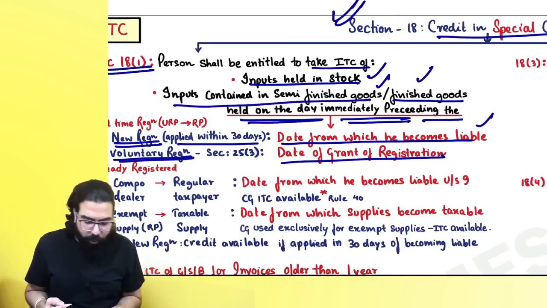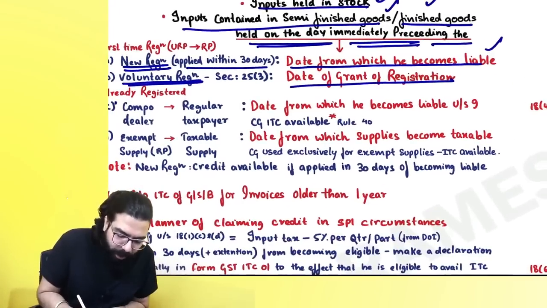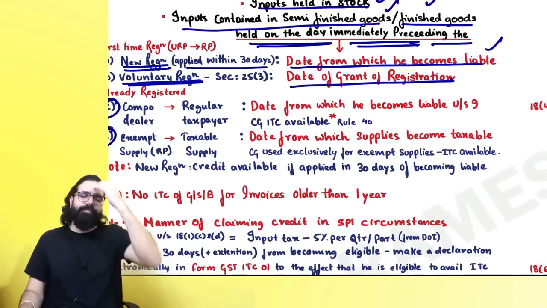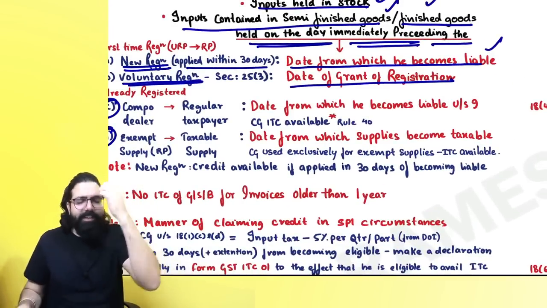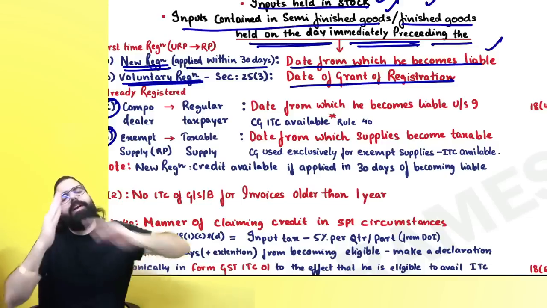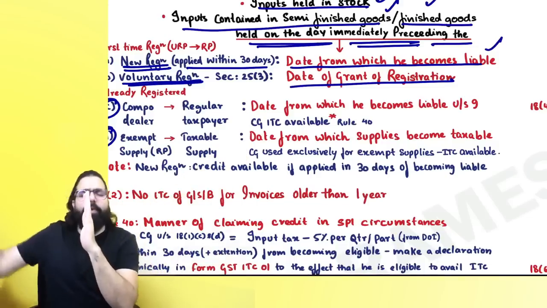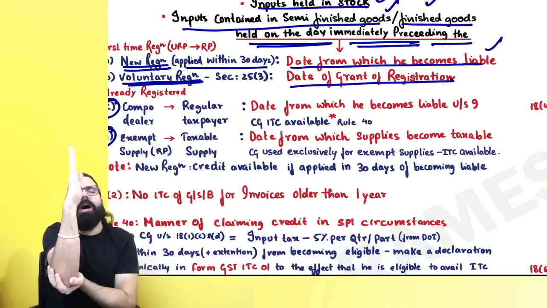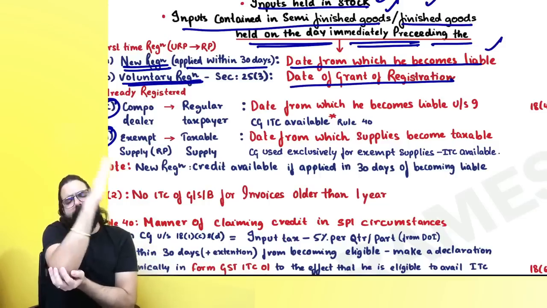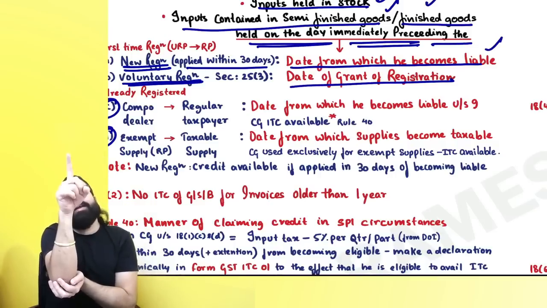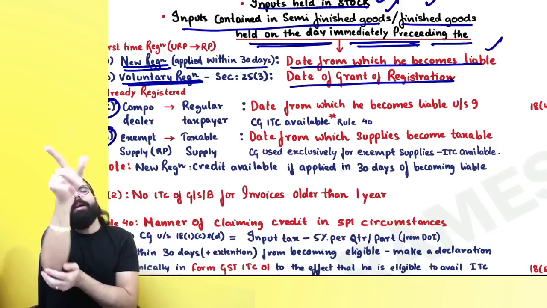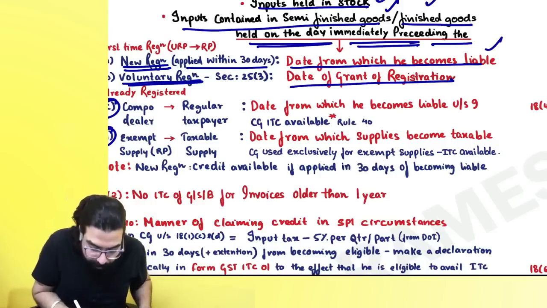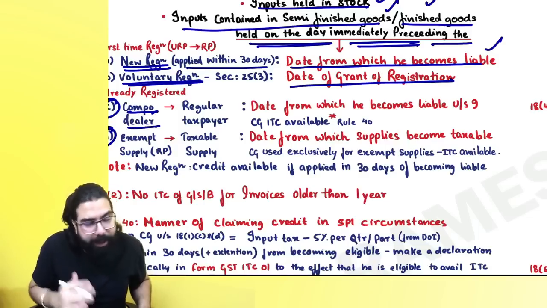Okay sir. Next one over here is section number 18.1 C and 18.1 D. Section 18.1C says, sir, you were a composition dealer, now you become a normal person. When you were a composition dealer, you would not have taken the ITC. Now you are a normal person and have started charging GST. Then the government is saying 1 day prior, the composition person became a normal regular taxpayer.